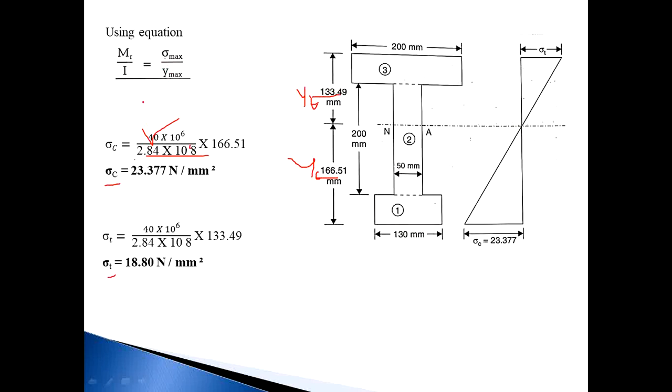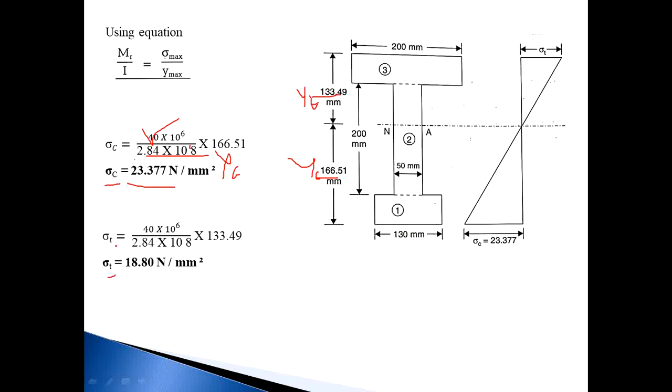So sigma max for compression stress is M upon I into YC. So YC becomes 166.51, and simplifying this equation, we get sigma max equal to 23.37 Newton per mm square.